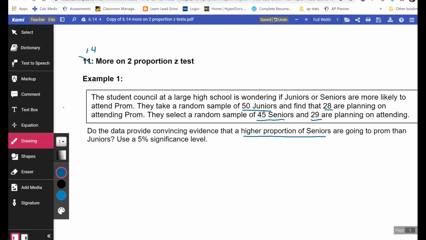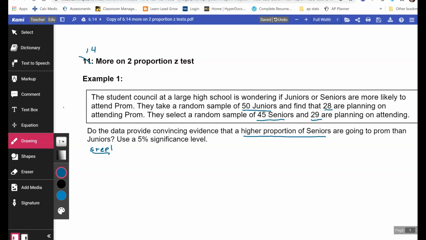So they want a hypothesis test, and since we're dealing with two distinct populations, juniors and seniors, we're actually looking at a two-proportion z-test. So the steps are pretty much what we've been doing, and so our very first step is to state a parameter.